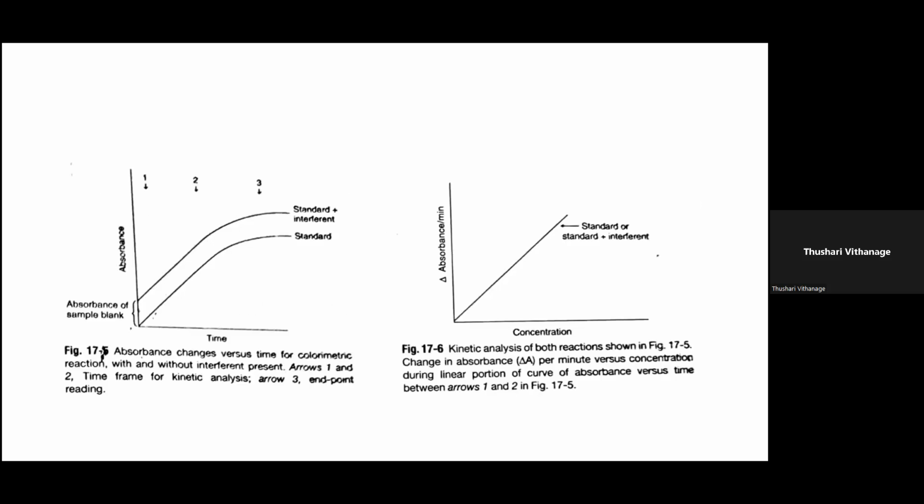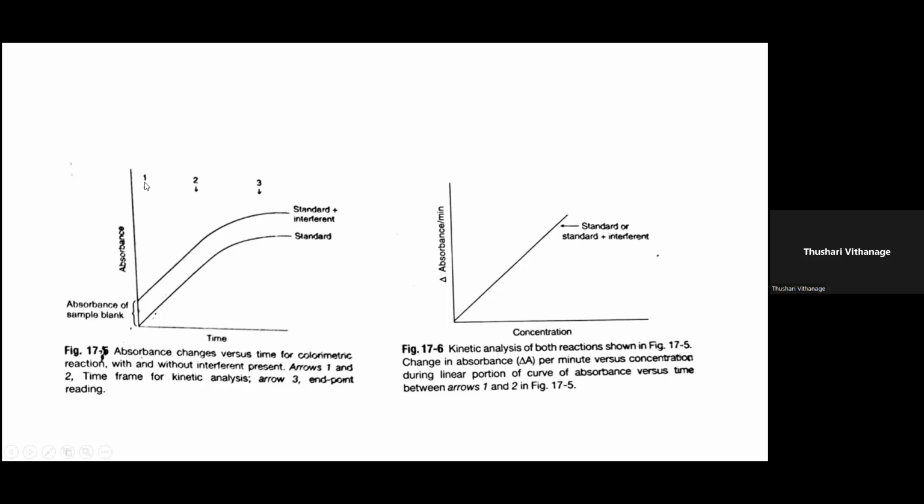These are two graphs. First, we look into this graph. It indicates time versus absorbance for the colorimetric reaction. As you can see, when there is standard alone, the curve goes through the origin, and if there's interference, the curve does not go through the origin, but is parallel to the standard curve.